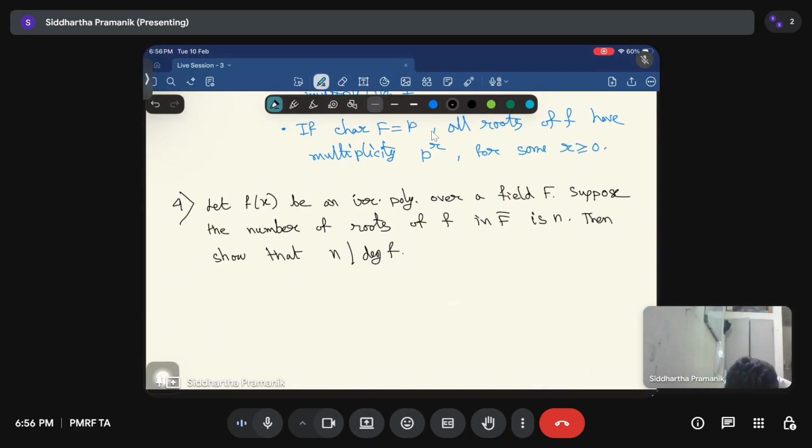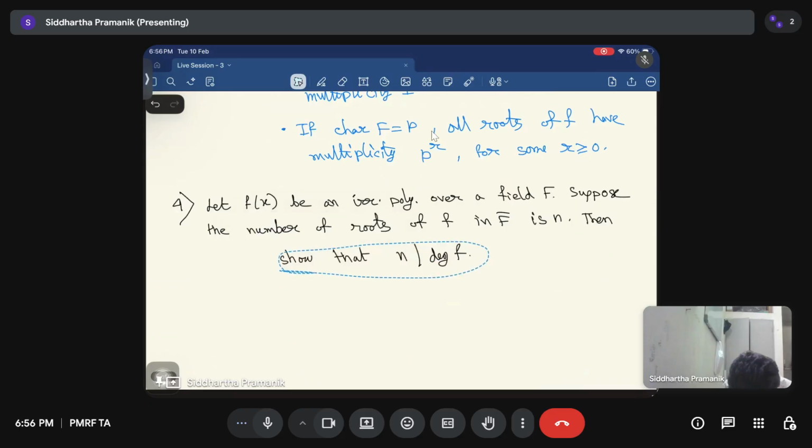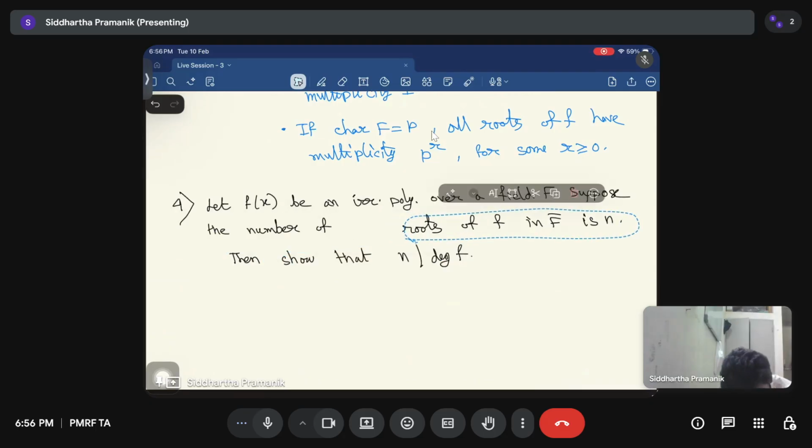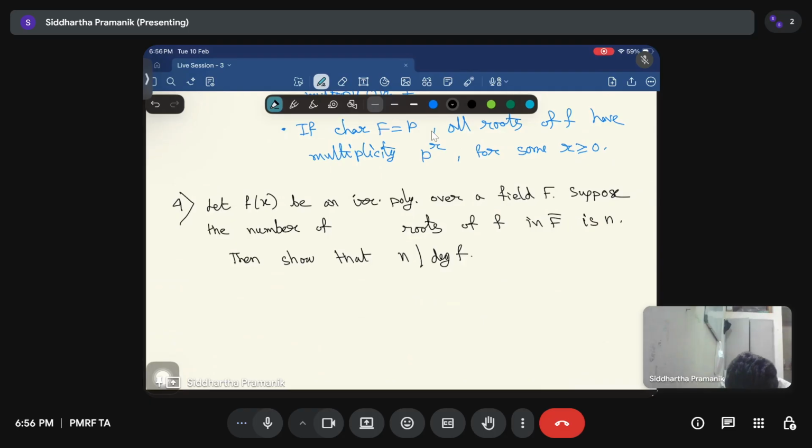Okay, n has to be the number of distinct roots. That is important. So this part is important. So the number of distinct roots must divide the degree of the polynomial.